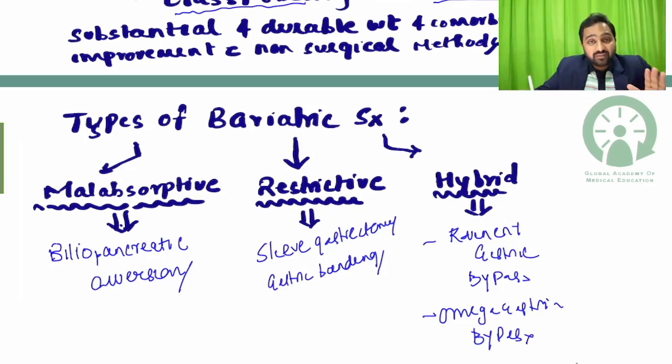So types of bariatric surgery, three broad groups: malabsorptive, restrictive, hybrid. Malabsorptive is the biliopancreatic diversion, restrictive is your sleeve gastrectomy and gastric banding, and hybrid includes Roux-en-Y gastric bypass and omega gastric bypass. Now let's look at the images of them.